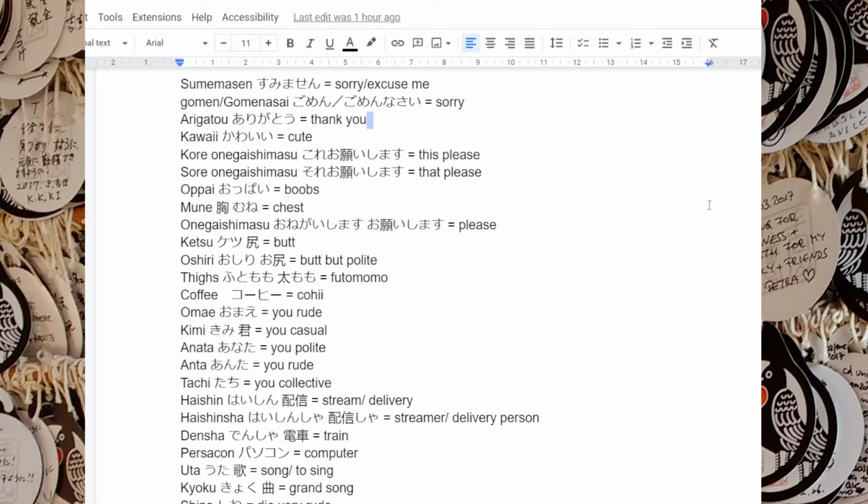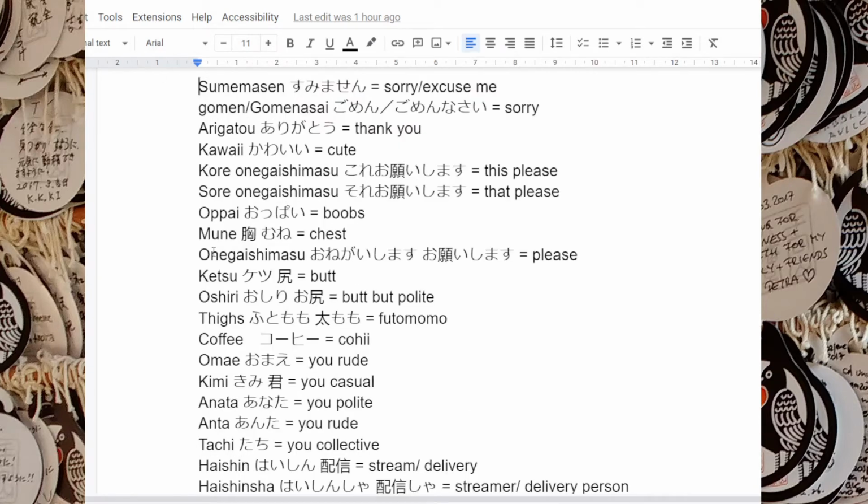So these are things that you may well see and hear. Zoom in a bit more. See and hear in your favorite Japanese animes, your favorite Japanese streamers. Just a few words around here which may well be useful.